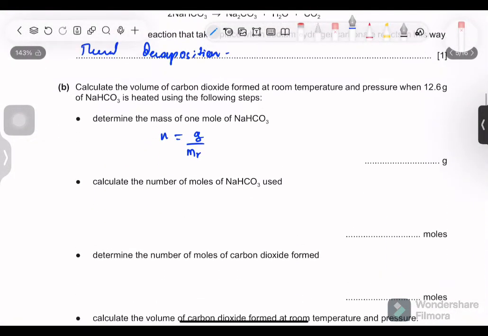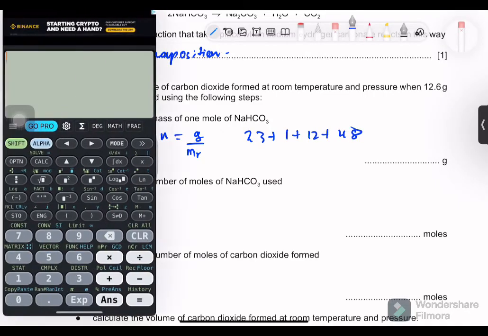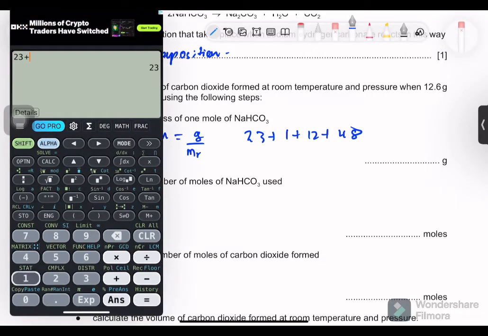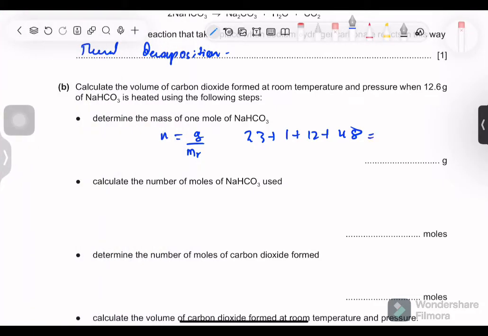Sodium is 23, plus 1, plus 12, plus 48, so this is 84. There is only 1 mole, so 84 times 1 is 84.